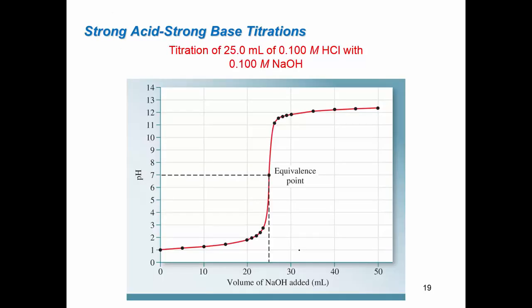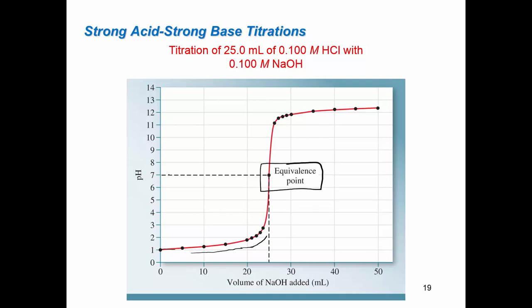So when you have this titration, you're starting with an unknown concentration of acid usually, and then you're going to titrate it with a known volume of base. In this case, we're giving the example of a strong acid, strong base, and we know everything about it. But what we're showing here is as you add base to your acid, your pH changes ever so slightly until you get close to what is called the equivalence point.